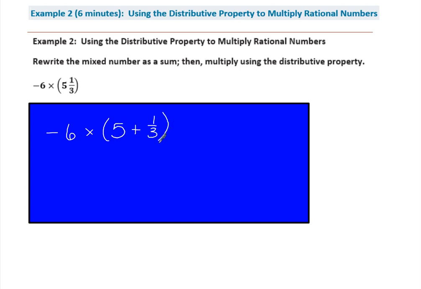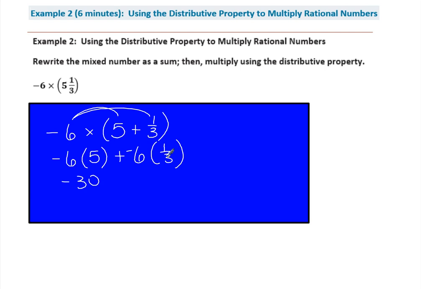I'm breaking that up. Now, as I do that, I can actually say, well, now it's a distributive. So I'm going to distribute that 6. So I'm going to have -6 times 5 plus -6 times 1/3. Make sure that you have that negative sign with both. -6 times 5 is -30.